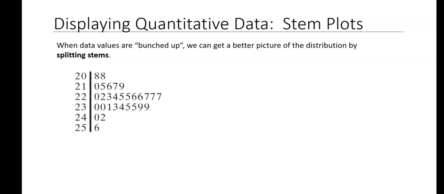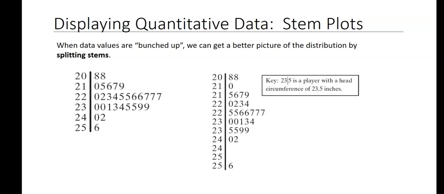Okay, so when the data values are bunched up, we can get a better picture. So why do we have a stem and leaf plot? What's the purpose of that? By the way, 23.5 represents a player with a head circumference of 23.5 inches. So the number at the bottom there, 256, is a 25.6 inch head circumference.